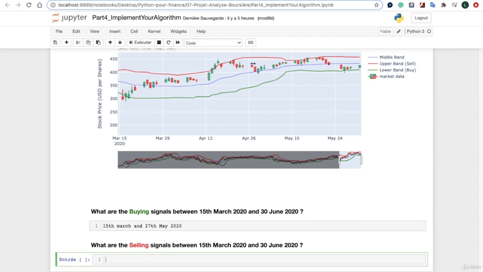You have two selling signals, but you must have sold right here, and that's just hitting the upper band again. But yeah, the selling signal is on the 14th of April.